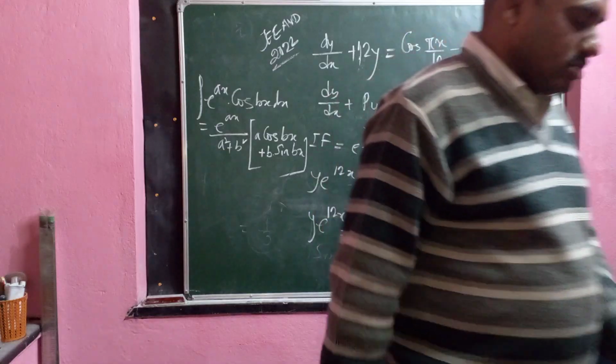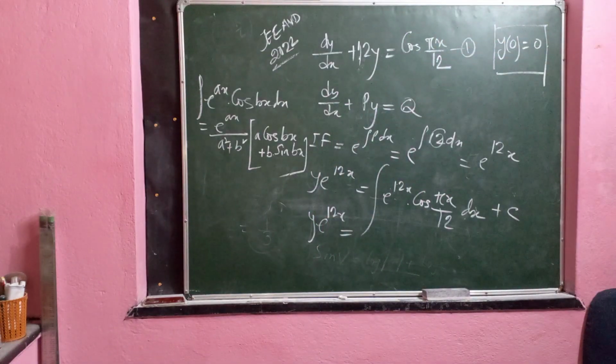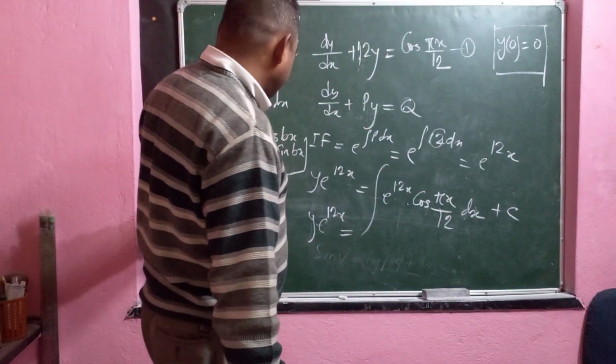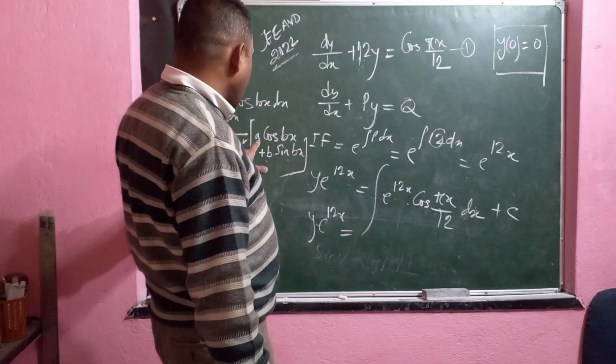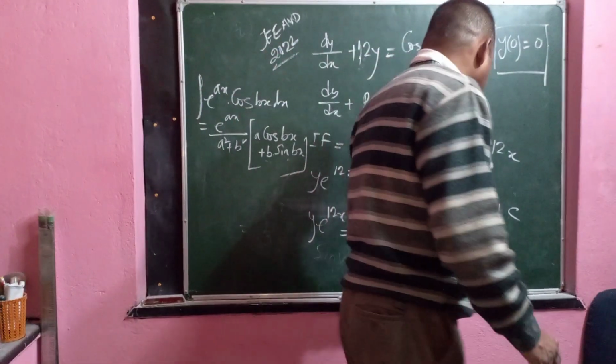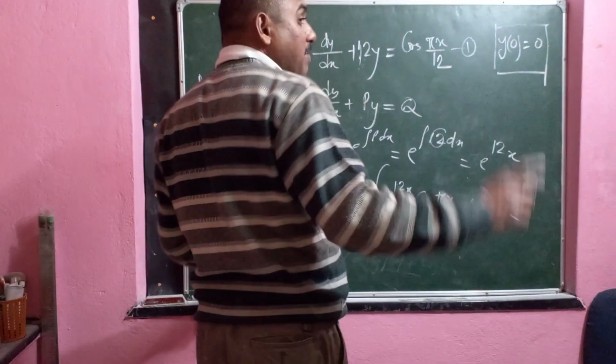And you have to substitute this thing. This is a cos bx plus b sin bx. If it is sin bx, then a sin bx minus b cos bx. Remember these two formulas by heart.